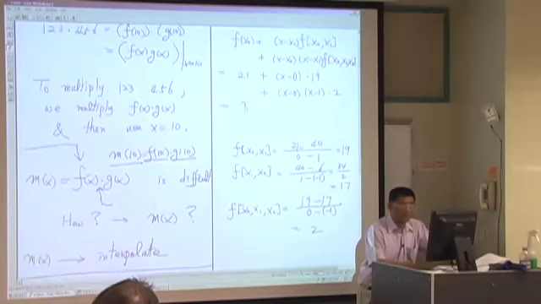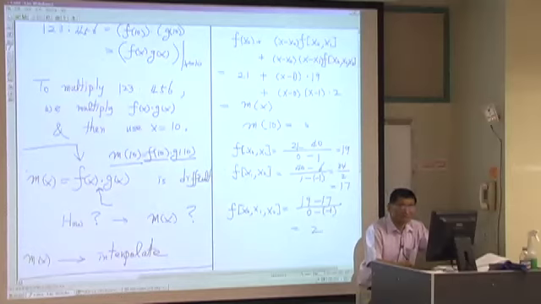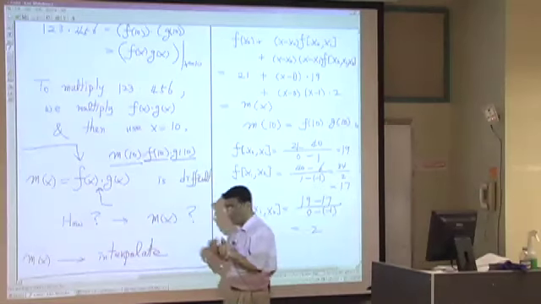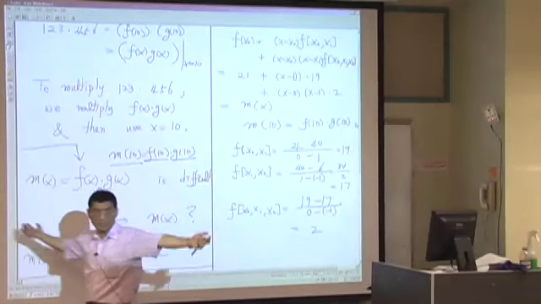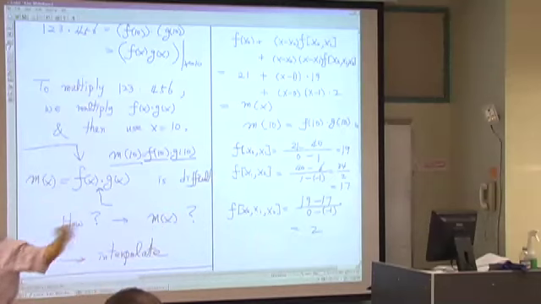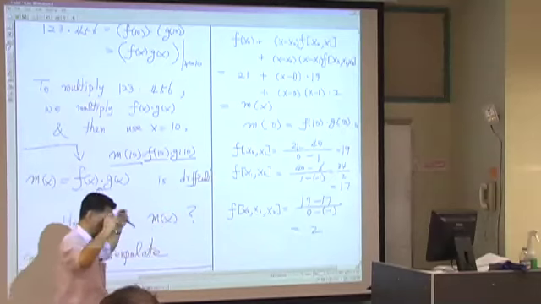And then m of 10 is nothing but the function f of 10 multiplied by g of 10. And this is very, very important in coding, because in coding, people use big numbers, and the big numbers are multiplied together. Then we should do these things fast.